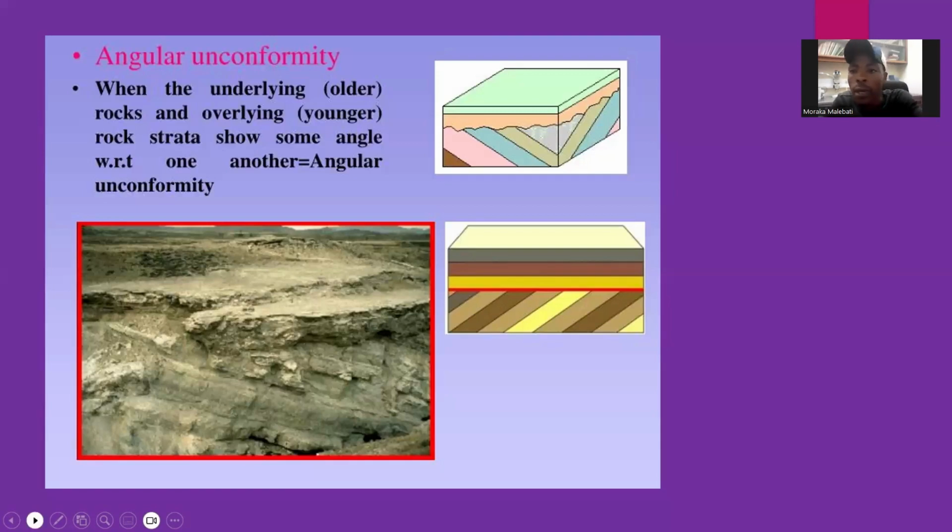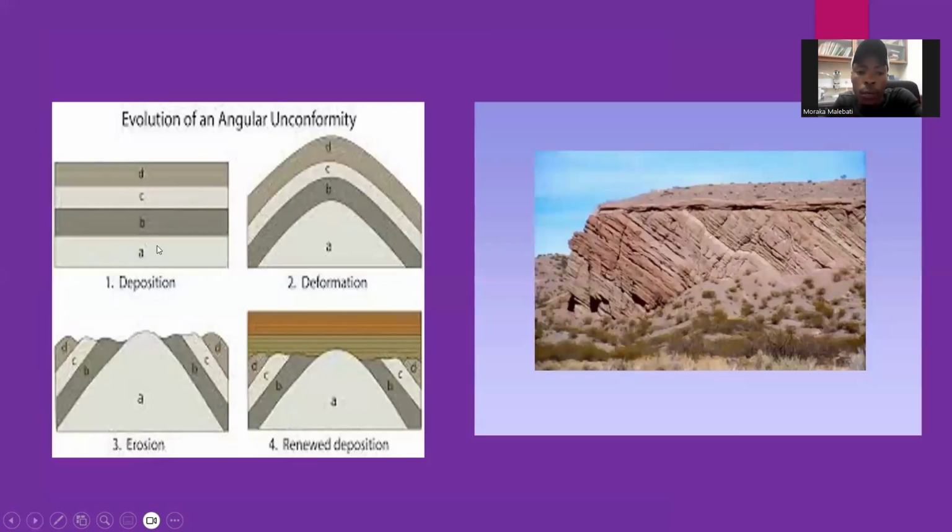Okay, so to make you understand even more, first, stage one, we've got the sediments which were deposited horizontally in all directions. They are undisturbed, they are stratified. Once these layers are undisturbed, the principle of superposition is applicable.